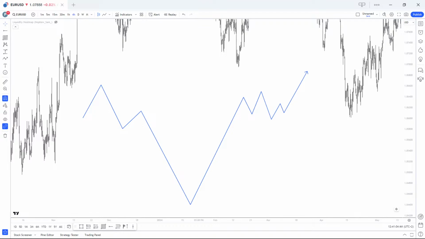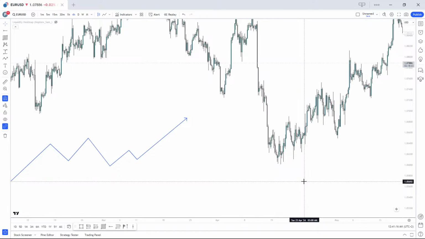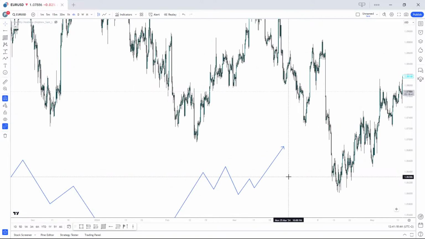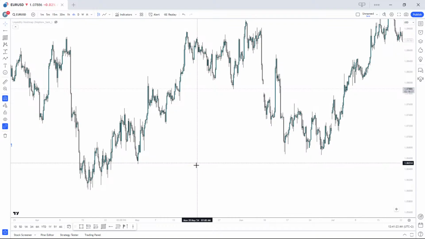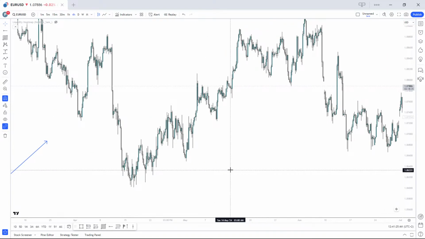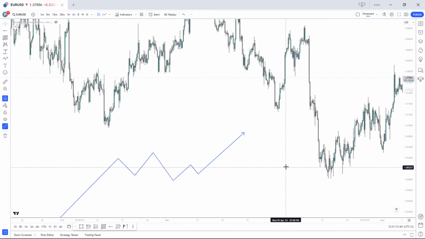Alright, so first low, where is this? We look for a downtrend. Yeah.